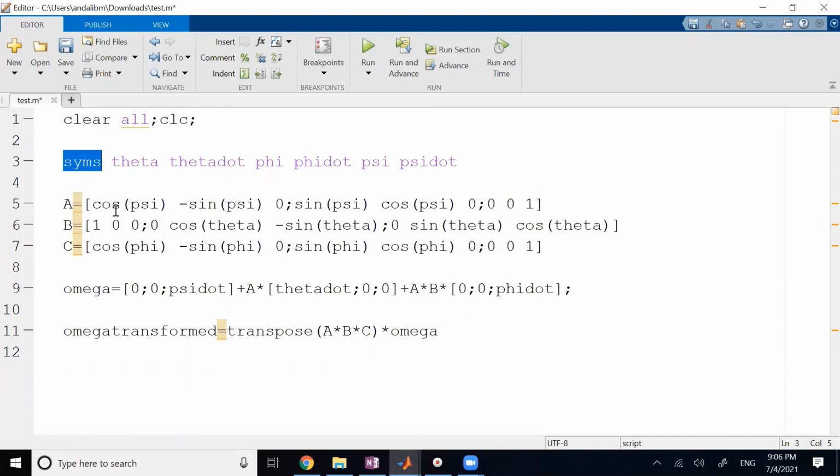And then here I'm defining those three rotation matrices. This is my first rotation matrix, rotation about z by psi. The next one is rotation about x by theta, and the next one is rotation again about z by phi. And here, this is A times B times C, correct?